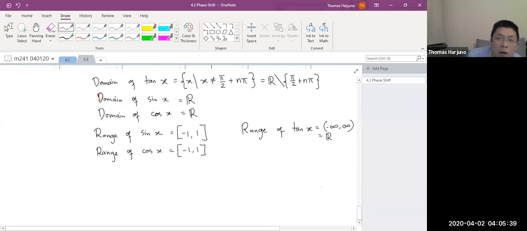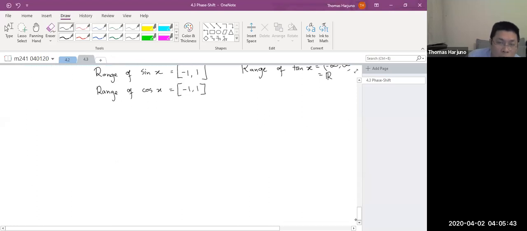Okay, now for secant and cosecant, I will not ask you to graph them either, but I would like to go over that here. The graph of y equals secant x and y equals cosecant x.